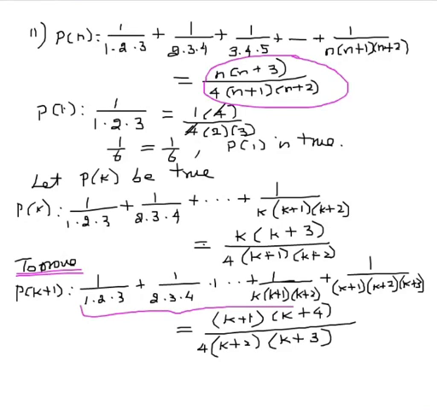So the first k terms total is this, we know. So let us take the left hand side of P of k plus 1 statement. So LHS is the total for the first k terms is this.